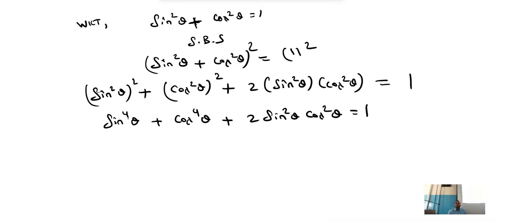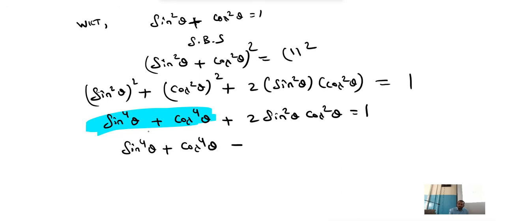Now in the question what is required? In the question we have been given sin power 4 theta plus cos power 4 theta, right? So I'll keep this sin power 4 theta plus cos power 4 theta as it is, and the rest of the terms I'll shift to the other side.